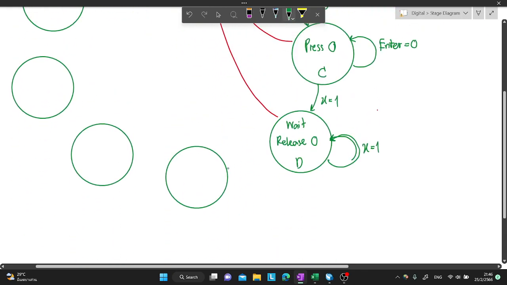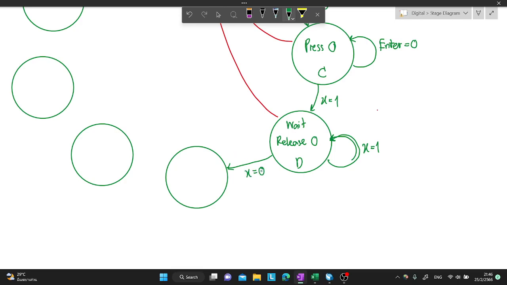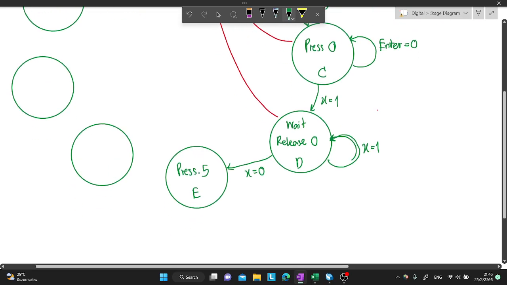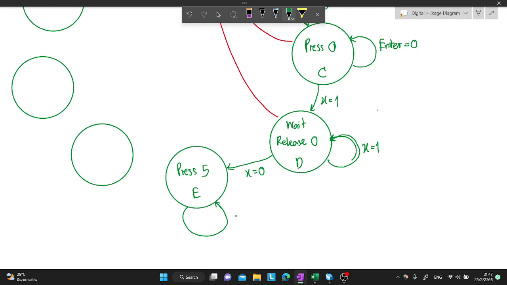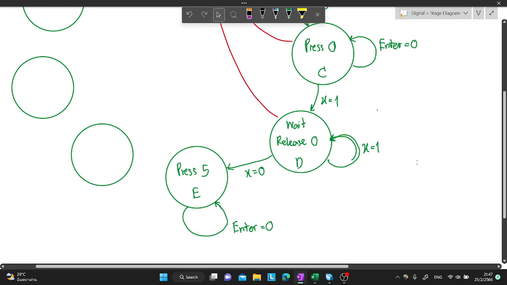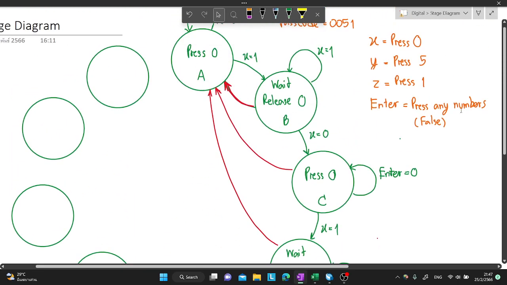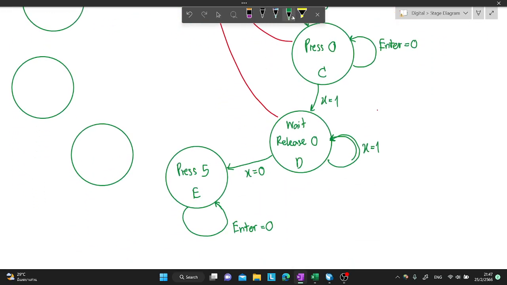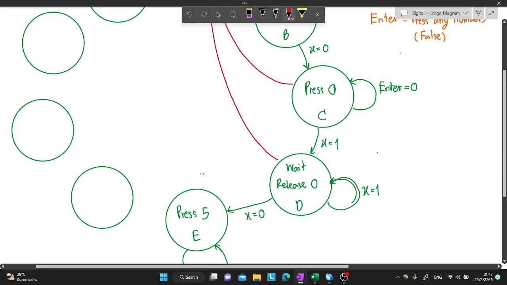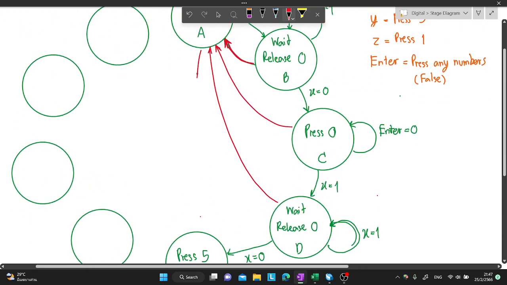When I release the 0, x is 0 and it goes to state E. State E is press 5. State E stays in state E when I don't do anything, which is enter is 0. Enter means pressing any numbers, which means false. If I mess up again, it goes to state A again.